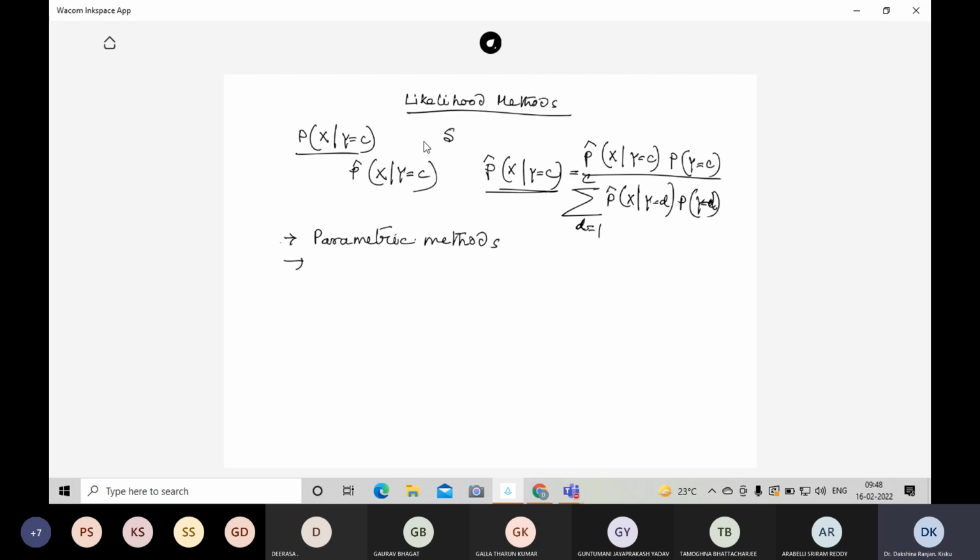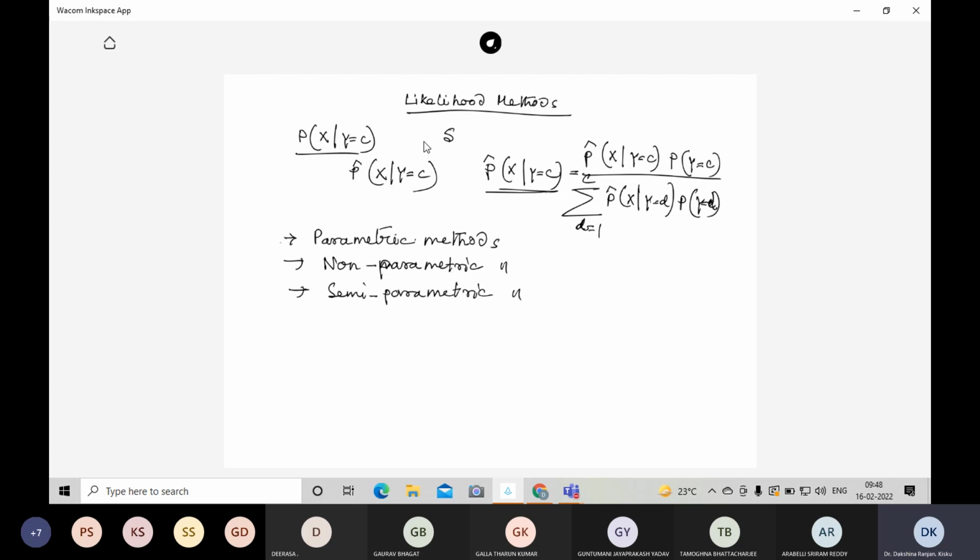Okay, parametric method, non-parametric method, and semi-parametric methods. Okay, so these are the classifications of likelihood methods.